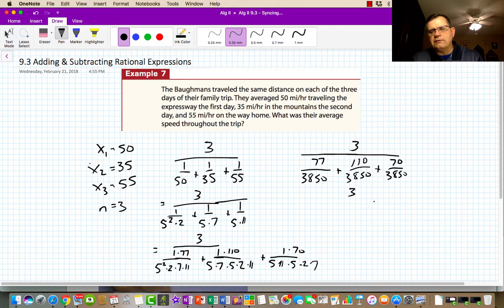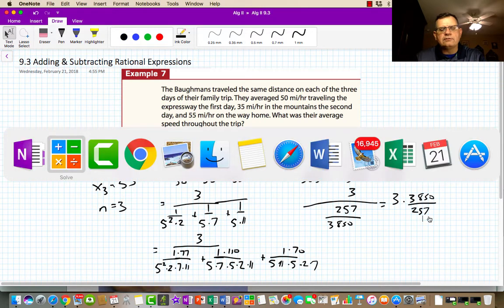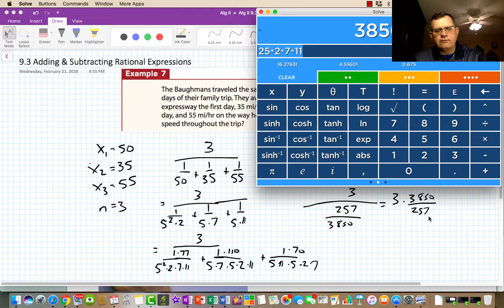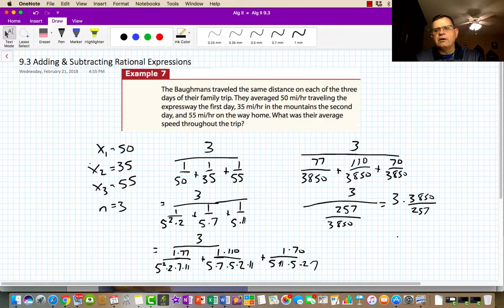And that's going to be 3 divided by 257 over 3850. Flip that fraction around, and that's equal to 3 times 3850 over 257. Let's see what that is. So we have 3850 times 3 divided by 257 is about 45 miles an hour.